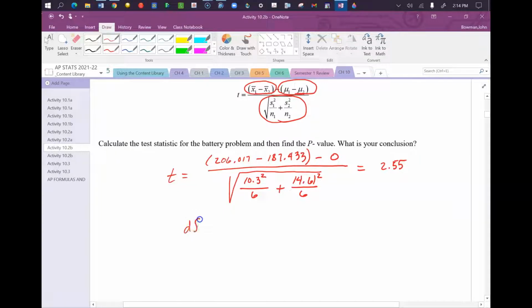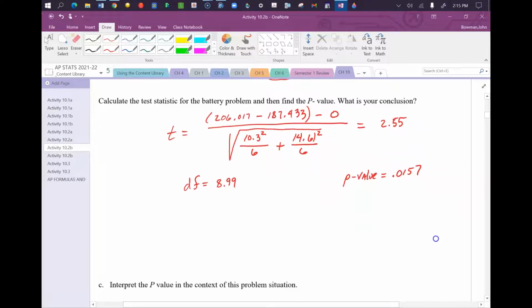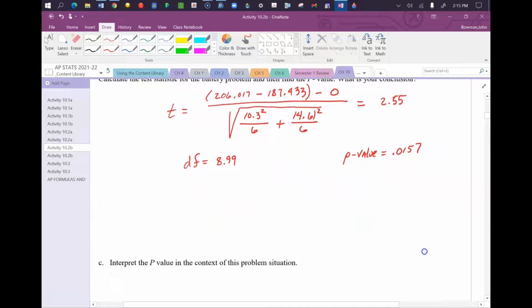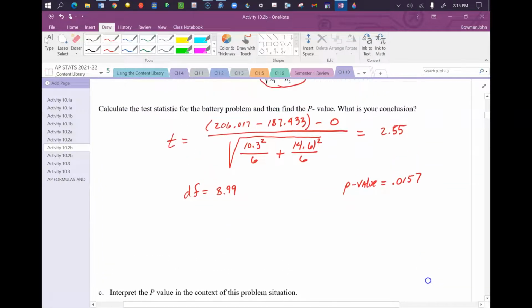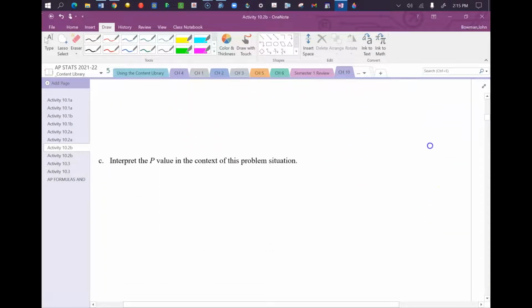The degrees of freedom, as you know, comes from a really complicated formula. I would recommend you use what the calculator gives you, and I will show you in a moment how to get that. The p-value is 0.0157, and under most circumstances, with a p-value that small, we would reject the null hypothesis.